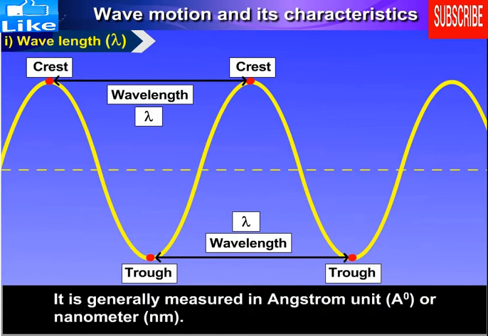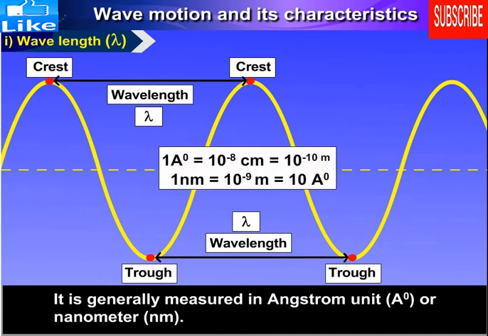It is generally measured in angstrom unit, Å, or nanometer, nm. 1 angstrom unit equals 10 raised to minus 8 centimeters, equals 10 raised to minus 10 meter. 1 nanometer equals 10 raised to minus 9 meters, equals 10 angstrom units.